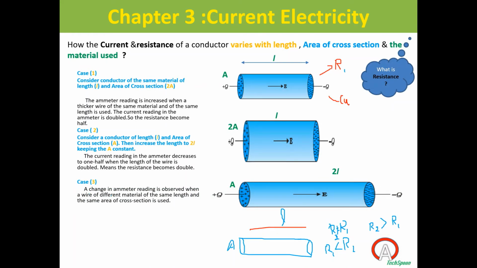A change in ammeter reading is observed in case 3 when a wire of different material of the same length L and the same area of cross section A is used. But only we change the material. In that case also we can see a change in the ammeter reading. That means current changes. Current changes means resistance also will change.